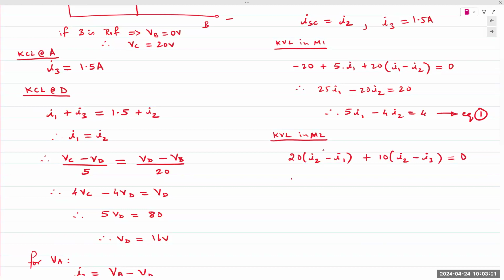You solve this and you obtain 20 times I2 minus 20 times I1 plus 10 times I2 minus 10 times I3 equals 0. Reduce that, you get minus 20 times I1 plus 30 times I2 is equal to 15. Label this as equation 2.